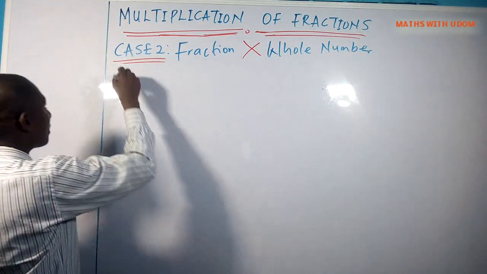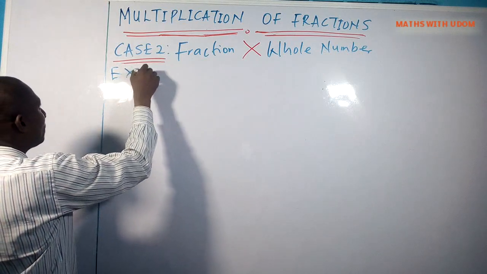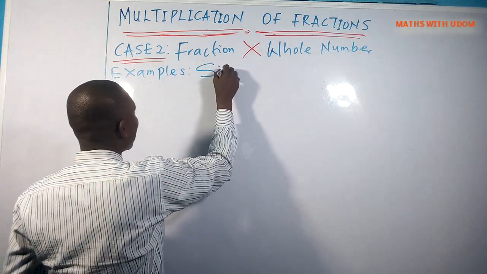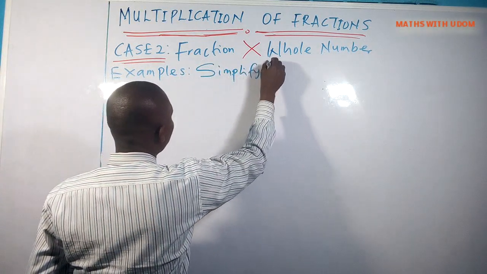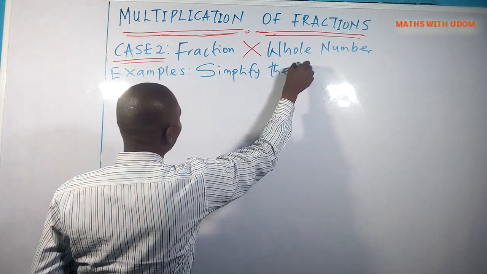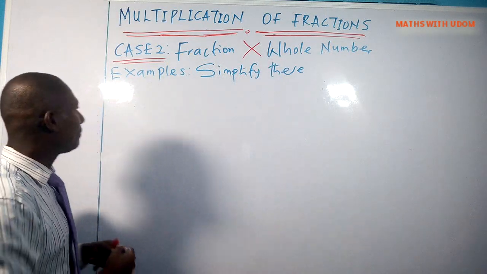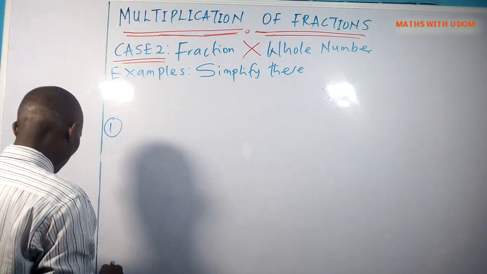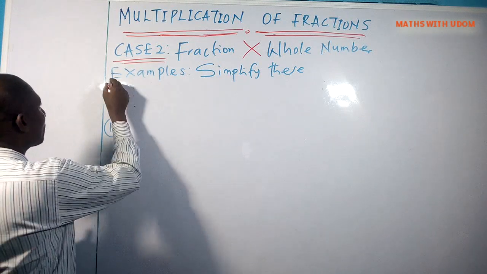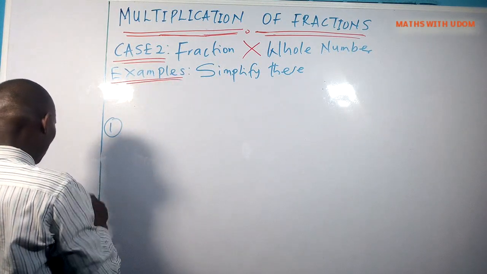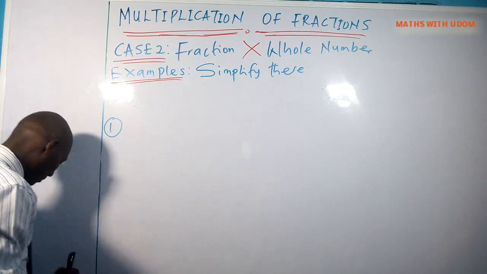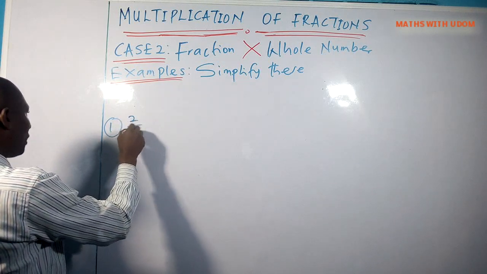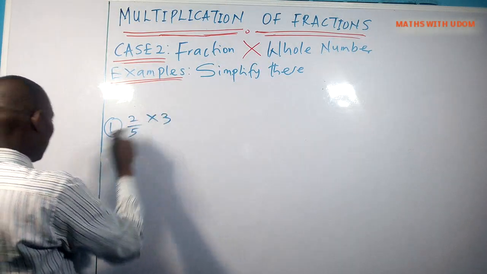Okay, so let's have our examples. Simplify the following. So the first one is what? 2 over 5 times 3.